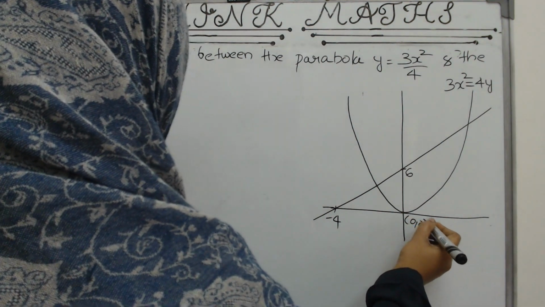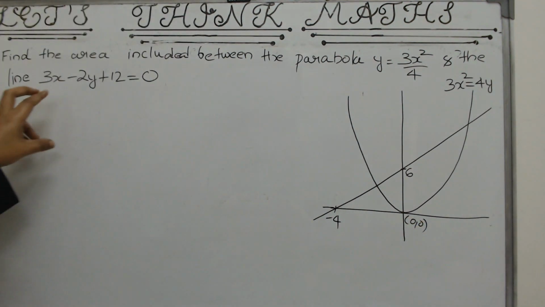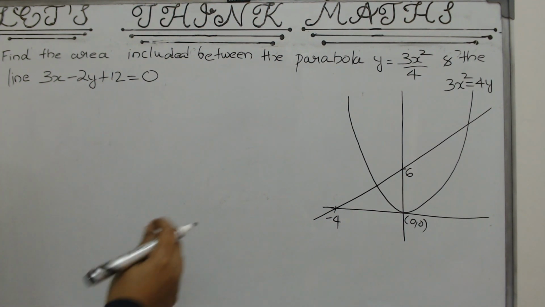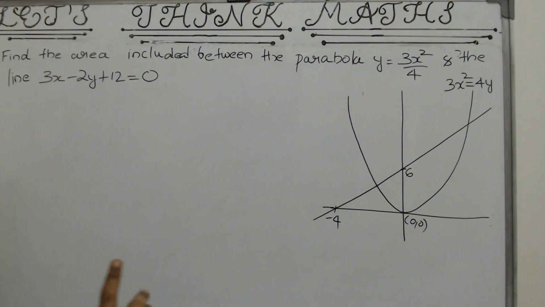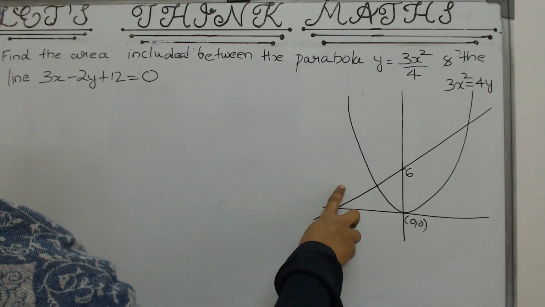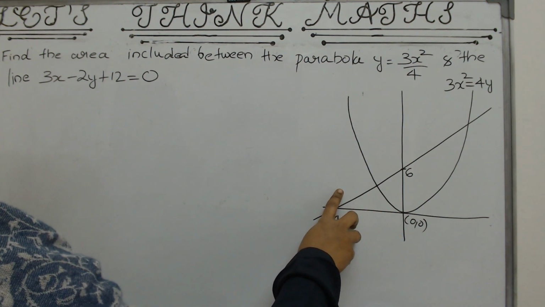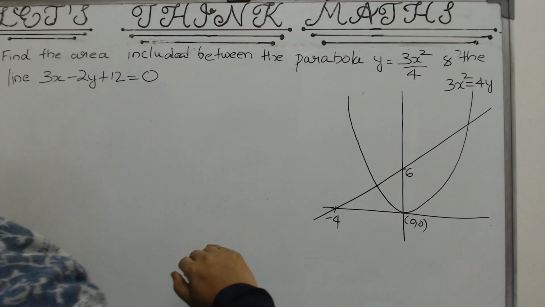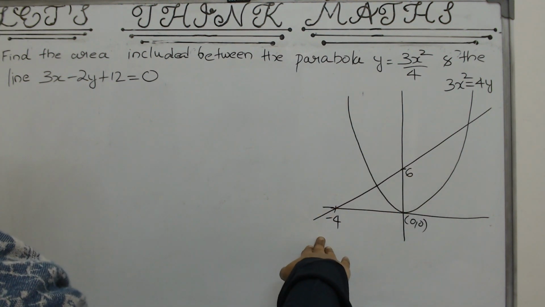And then what do you have? You have a line which is 3x minus 2y plus 12 is equal to 0. Now you see there is a constant term. That means the origin does not lie on this line. But then what can you find out? You can find out the x-intercept and the y-intercept. Those are the points where the line cuts the x-axis and the y-axis.